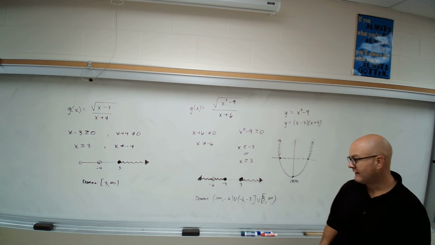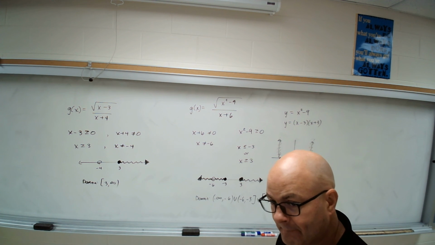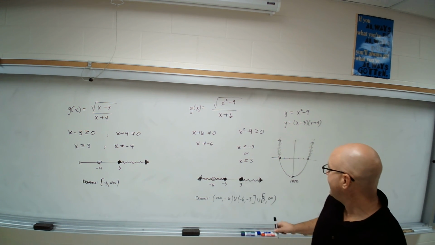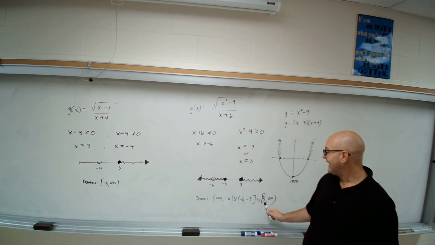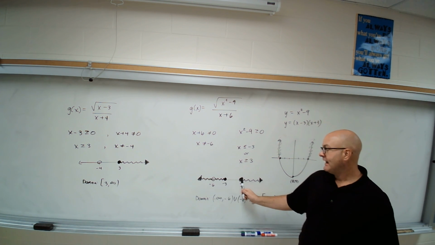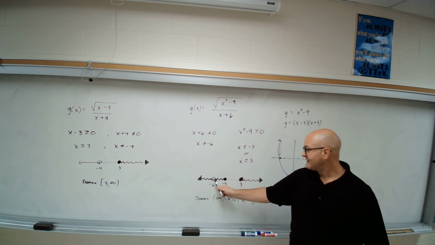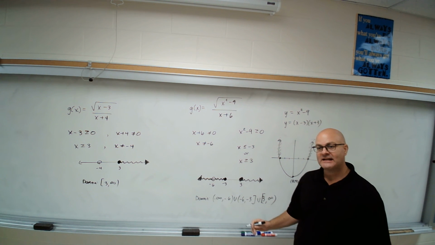That would be our domain there. Okay. Is it a bracket because it's a closed circle? Yes, there's a bracket on the 3 and the negative 3 because they're closed. And then here, because negative 6 is open, that's where you get the parentheses.